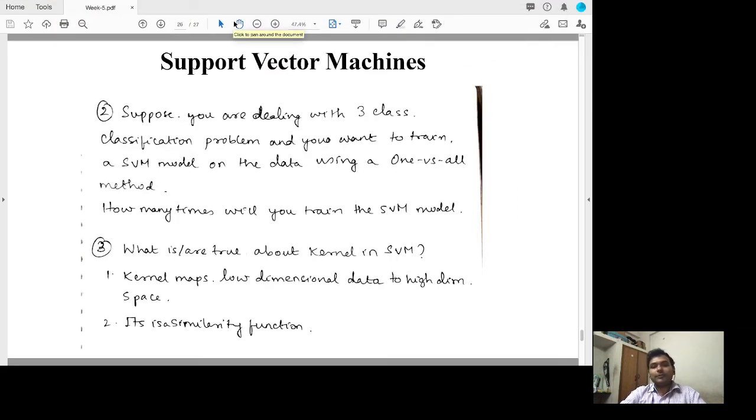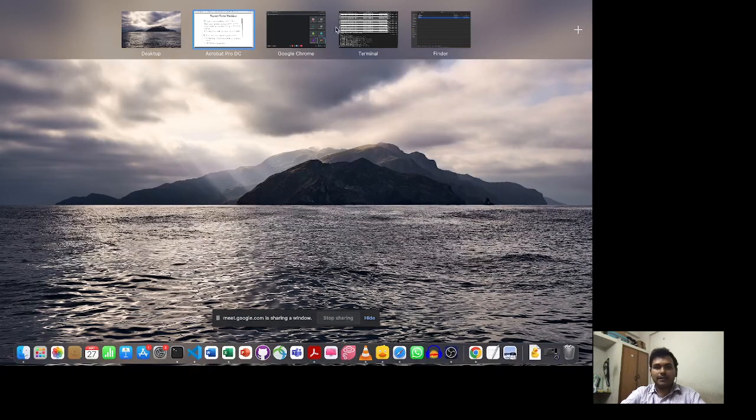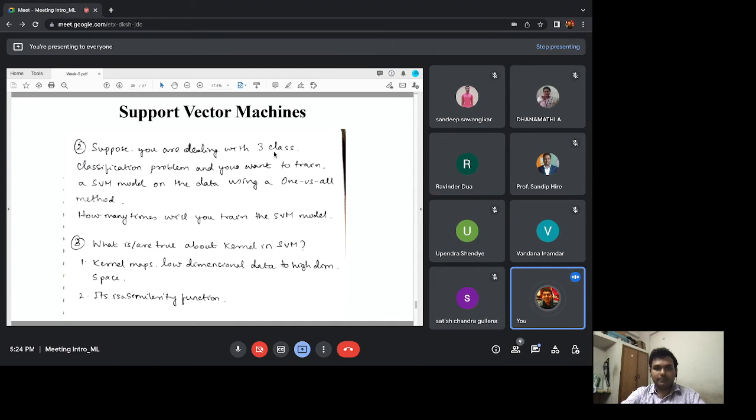The second question: suppose you are dealing with a 3-class classification problem and you want to train an SVM model on the data using a 1 versus all method. 1 versus all means suppose you have 3 classes, red, blue and green. First, red is your positive class and blue and green are your negative classes, and you train an SVM based on that.